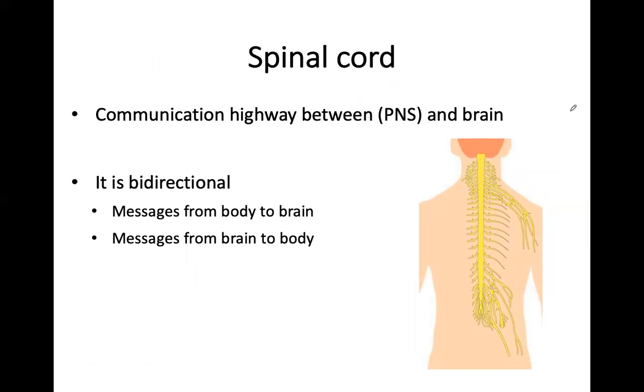Now, talking about the spinal cord, I already mentioned it is seen as the highway between the peripheral nervous system, which is your sensory data or motor data, and your brain. Imagine if sensory data is being collected from your arm, it goes through your spinal cord and up to the brain. And if the data is coming from the brain, it can come down through the spinal cord and then expand through the neurons in the body to come out.